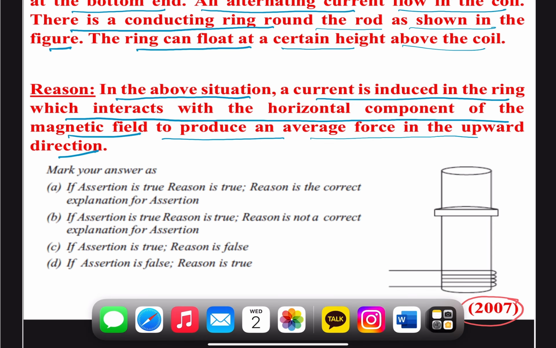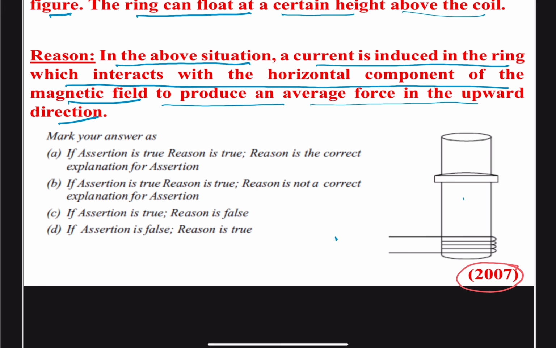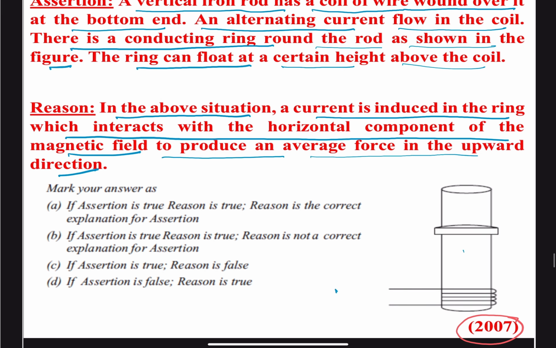So this is our figure, given as an iron rod, and we have the coil. Current is flowing through the coil, and we have a ring, and it says that it levitates, or floats, or rises in the upward direction.